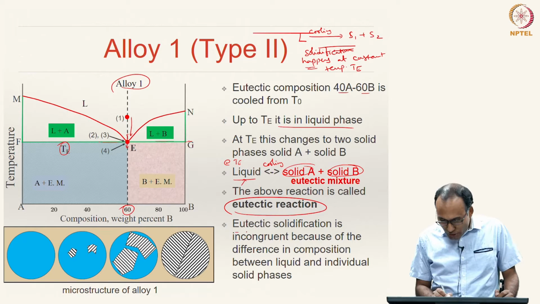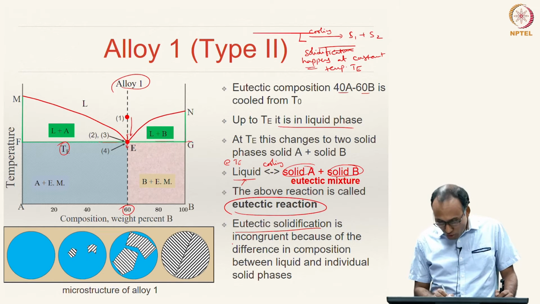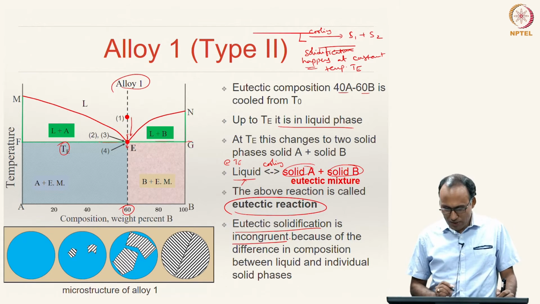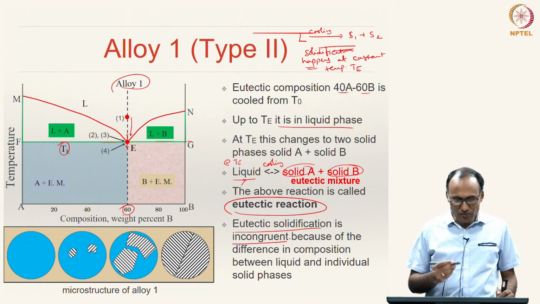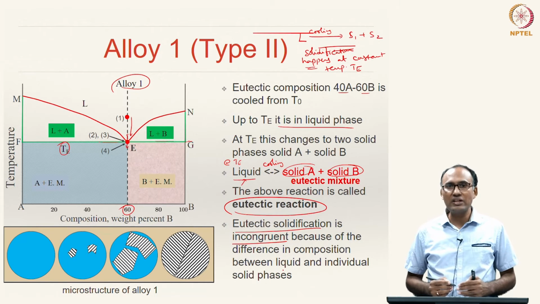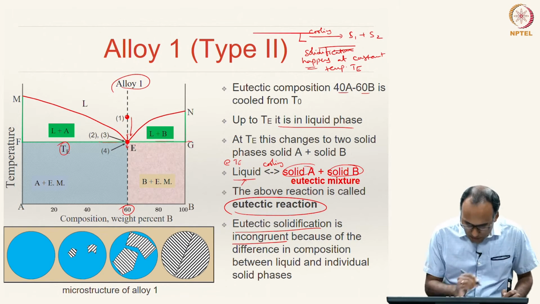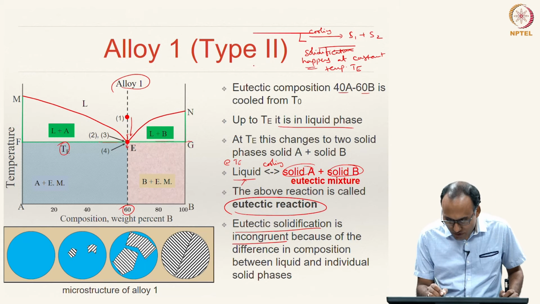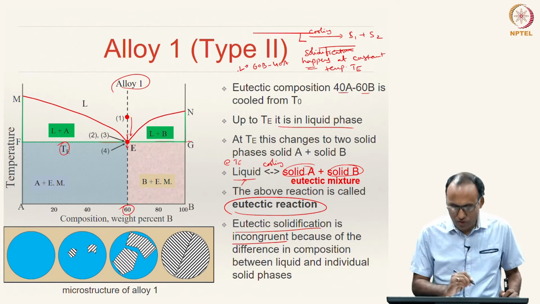We cannot call eutectic solidification congruent, so it is incongruent because of the difference in composition between the liquid and the individual solid phases. For instance, the liquid solution has 60B 40A, but when it is solidified, solid 1 has 100A, solid 2 has 100B.